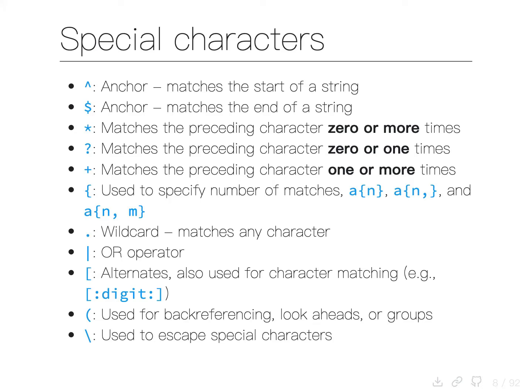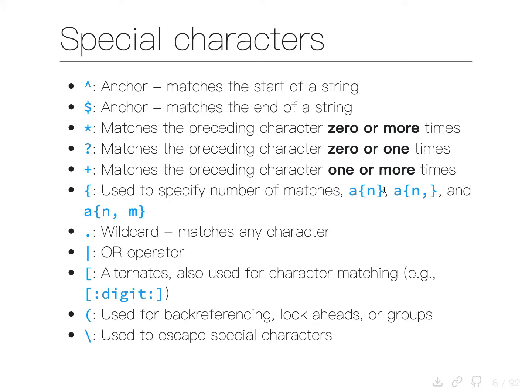All right. We also have these curly brackets, which are kind of neat. So this is an example where I'm saying match A n times, right? So if we're looking for words that have 2 consecutive A's in it, we could go A and then in curly braces 2, and that would only return strings where there's 2 consecutive A's.